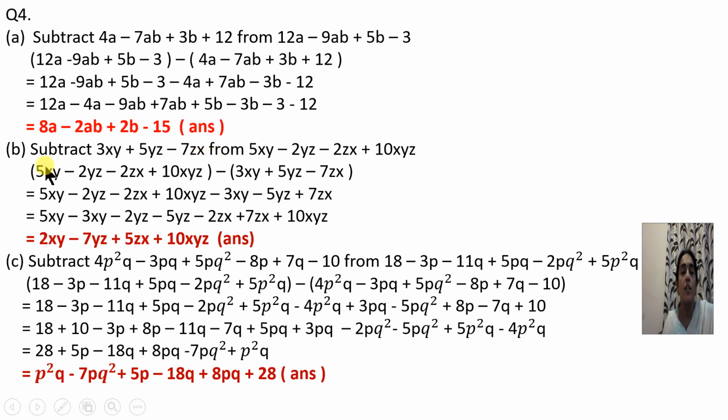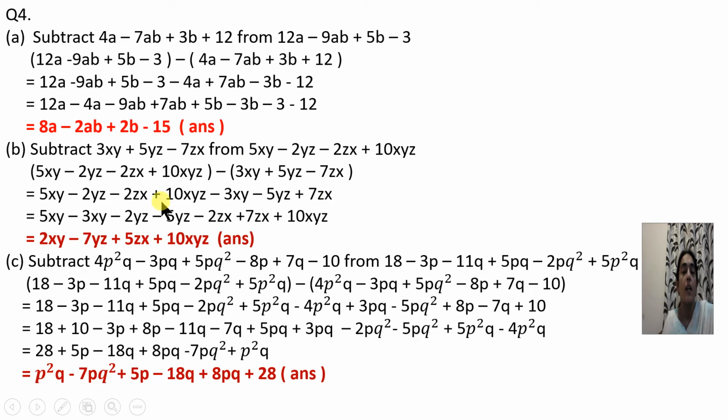Now this part we will open as it is. After that, when I am removing the brackets of this expression, the signs of all these terms will change. Here it is plus 3xy, it became minus 3xy, plus 5yz, minus 5yz, and minus 7zx, plus 7zx.